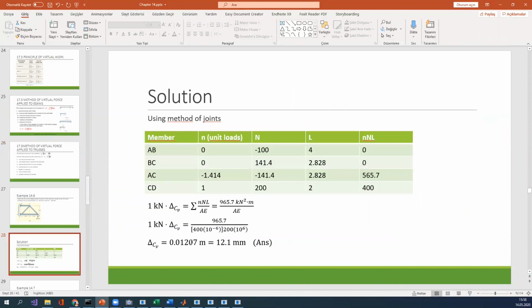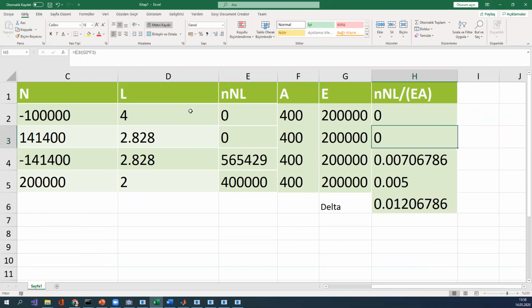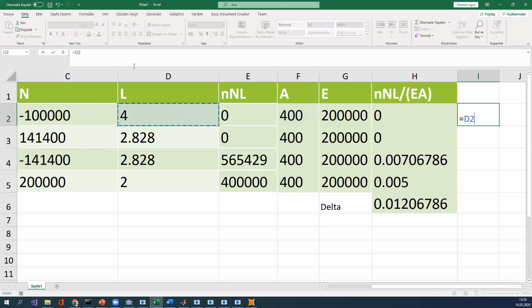You can see, actually, I made a small mistake here. I think it should be 400 millimeters square, kilonewton. Length, sorry, I also forgot to change the length. It is also here. Where is it? The length. I forgot to convert to millimeter.